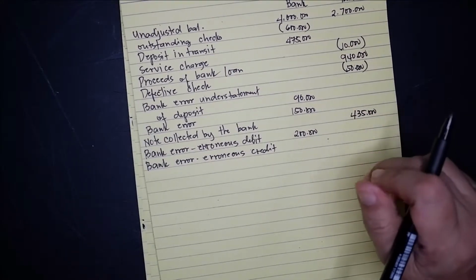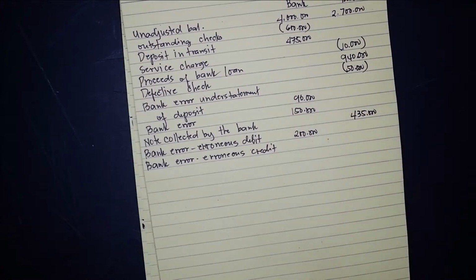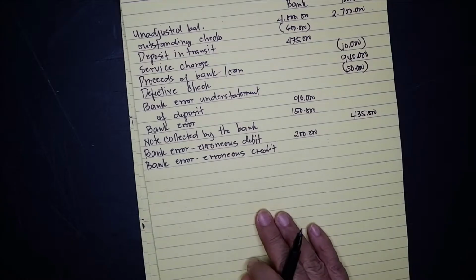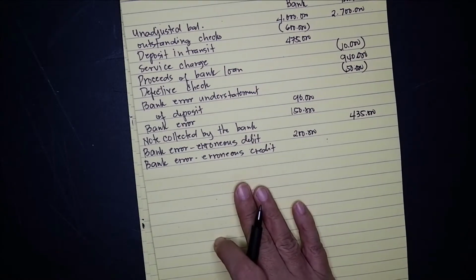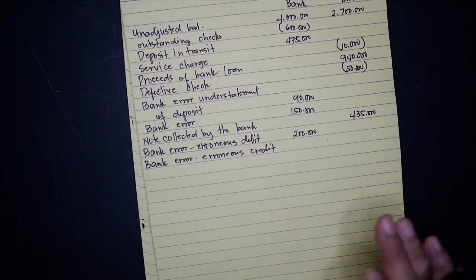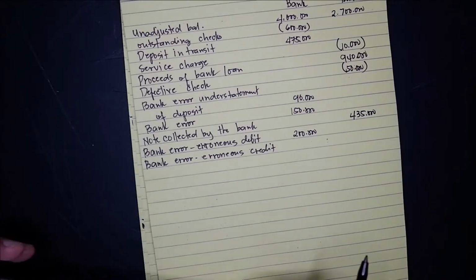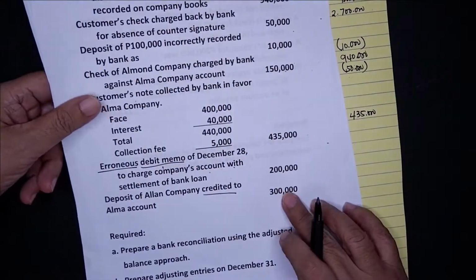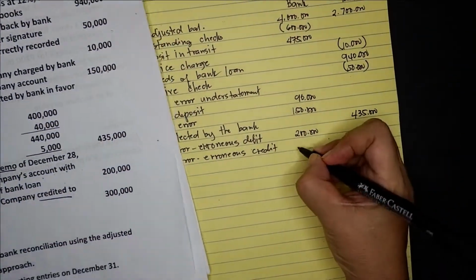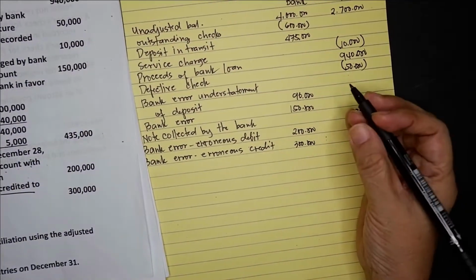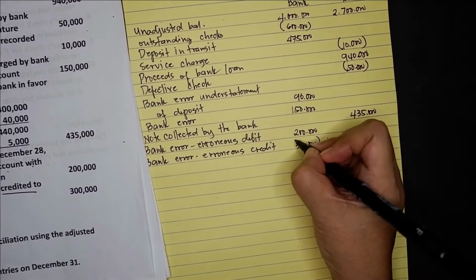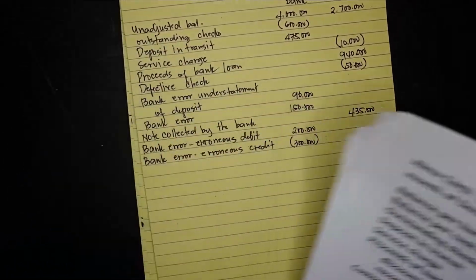Credit means they increase our cash, they prepare an entry, debit cash and credit Alma Capital. So they credited our account, and that is an erroneous credit. How much is that? That is 300,000. An erroneous increase. So to correct, that is minus.